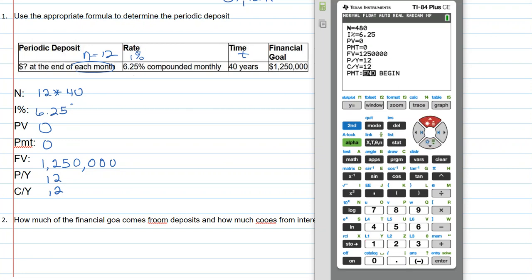All right. And we want to know the deposit, so we're going to do an alpha enter here. As for solve, the green above will say solve, and that's to find monthly deposit.